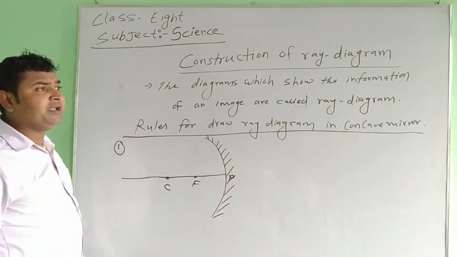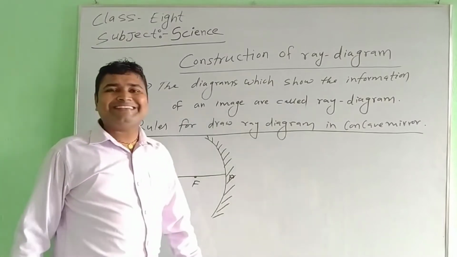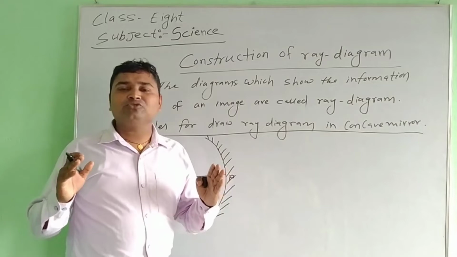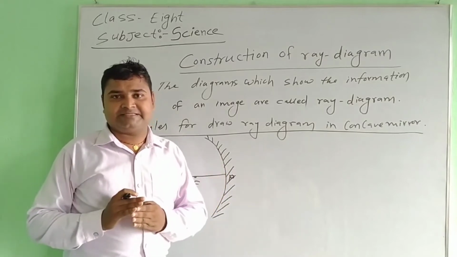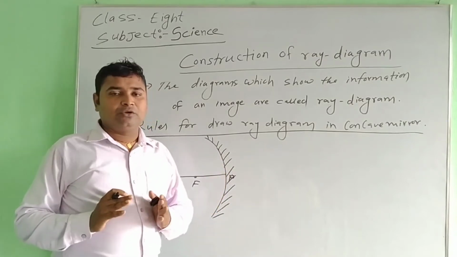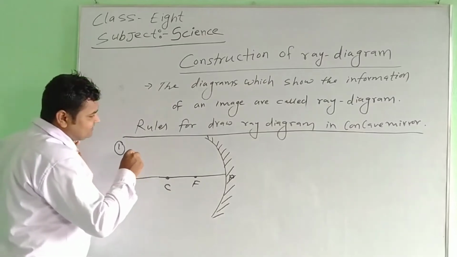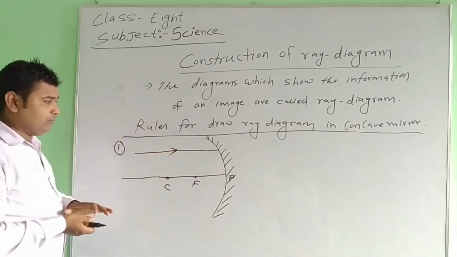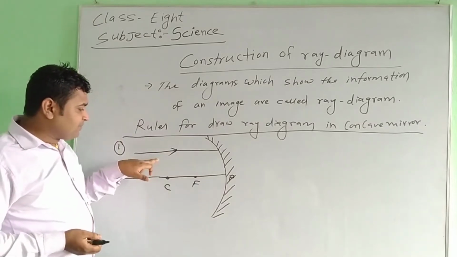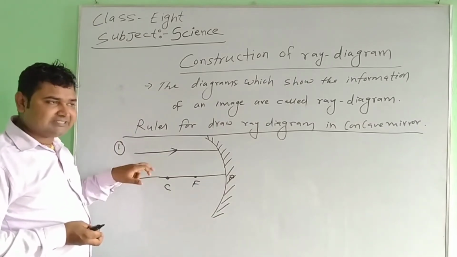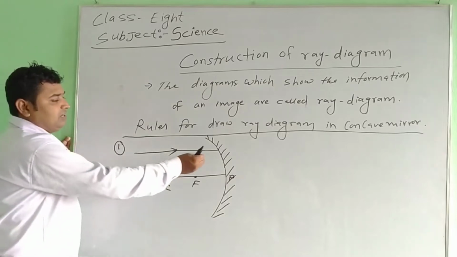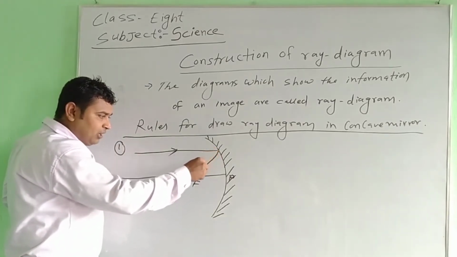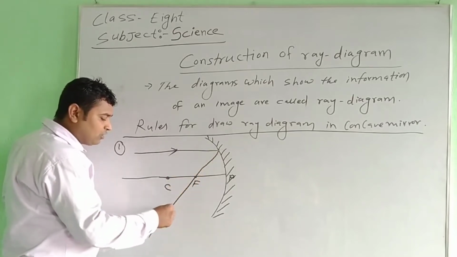What is the first rule saying? When an incident ray is parallel to the principal axis, then what happens? After reflection, the reflected ray always passes through the focus.